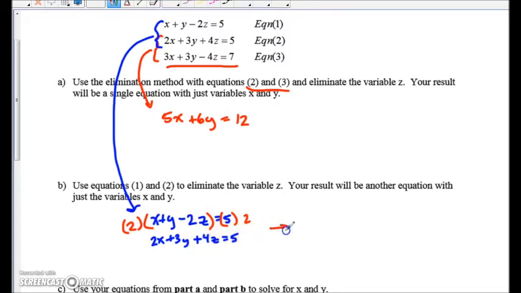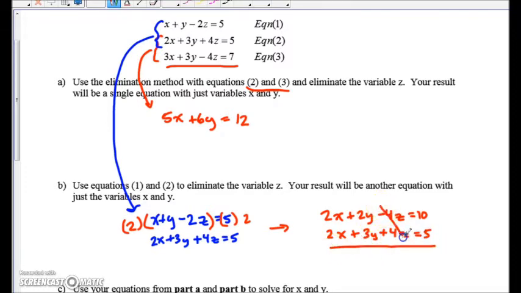And that's going to lead us to a top equation that has 2x plus 2y minus 4z equals 10. Of course, the second equation is just as it was. Just copy that. And we've created opposite coefficients of our z. That's good news. We can add and eliminate the z's.